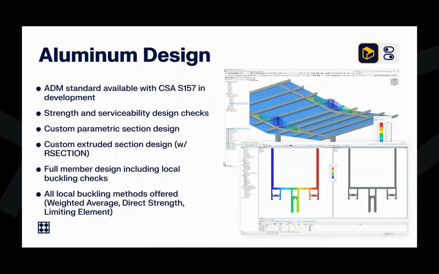Something very unique with the section to RFEM integration is being able to also get the buckling checks for these particular unique members. As far as local buckling methods offered within the ADM, we offer all three, including weighted average, direct strength, or limiting element.